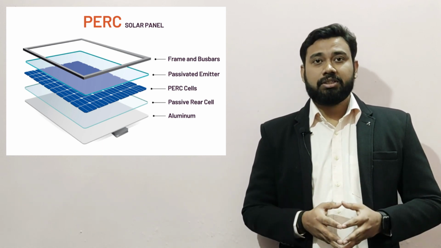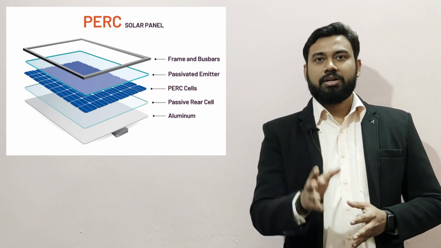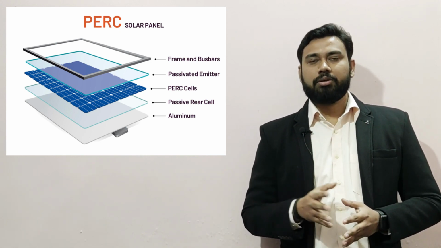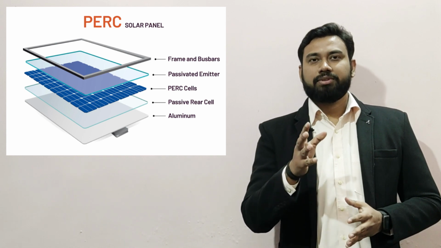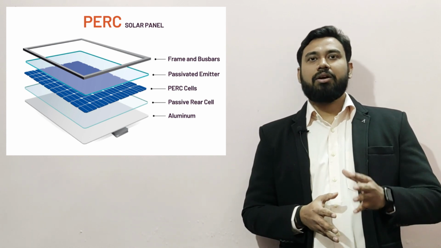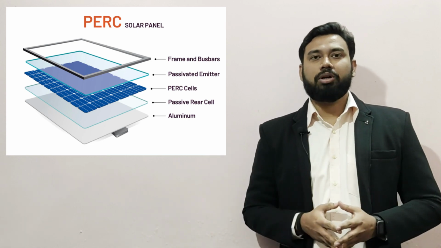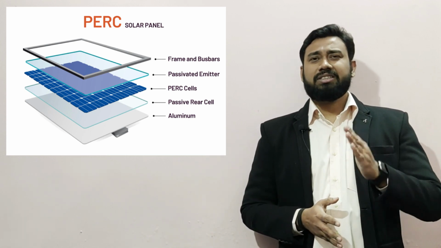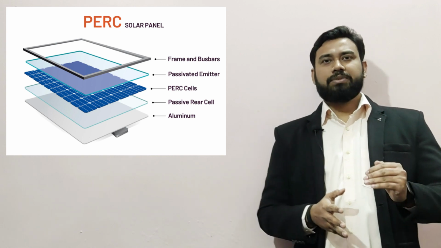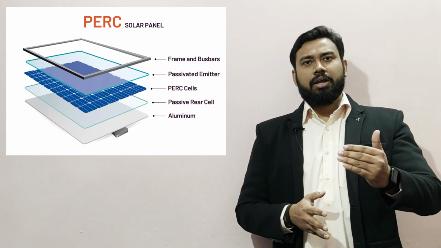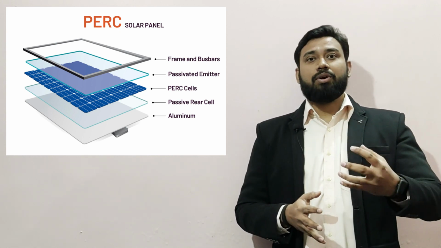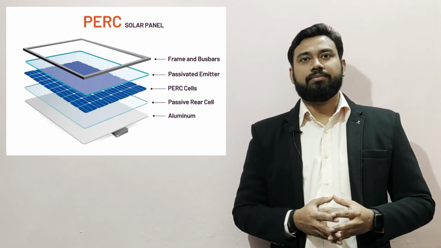The main difference between the conventional and PERC solar cell is the addition of a dielectric passivation layer on the rear side that helps in absorbing the scattered solar radiation. This additional feature helps in converting the sunlight into usable electric power even under low light conditions.